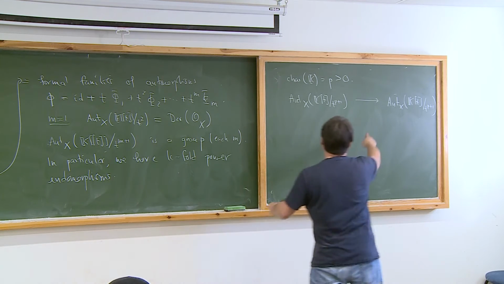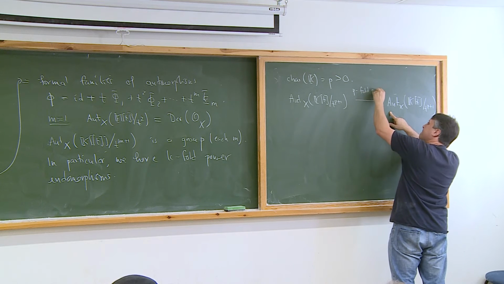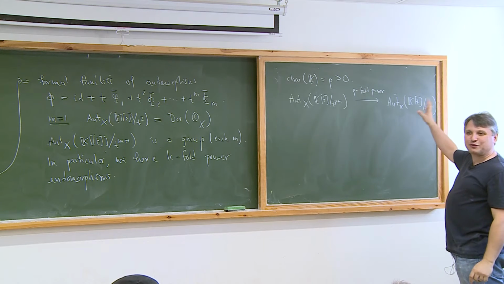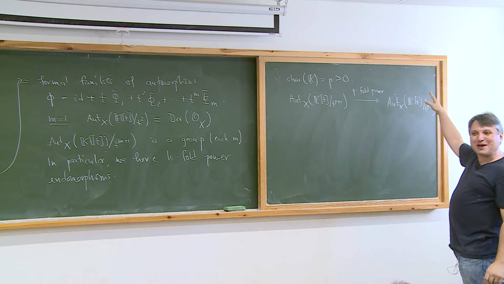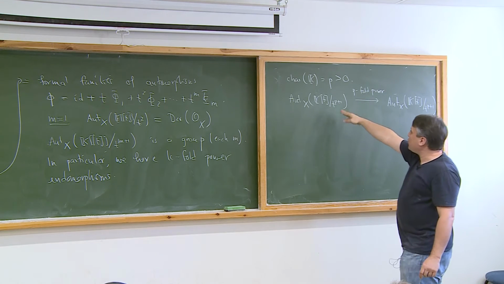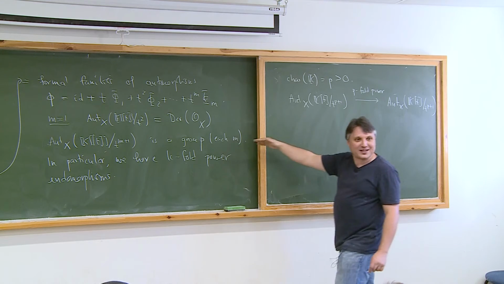Right? You take an element and you take its k-fold power in this group. Okay? And what I want to look at here is the p-fold power. As you can think, in characteristic p, if you take p-fold powers, there's all sorts of magical cancellation where things sort of go away. So in particular, if you just reduce it to order t squared, as I said, it's addition of vector fields.